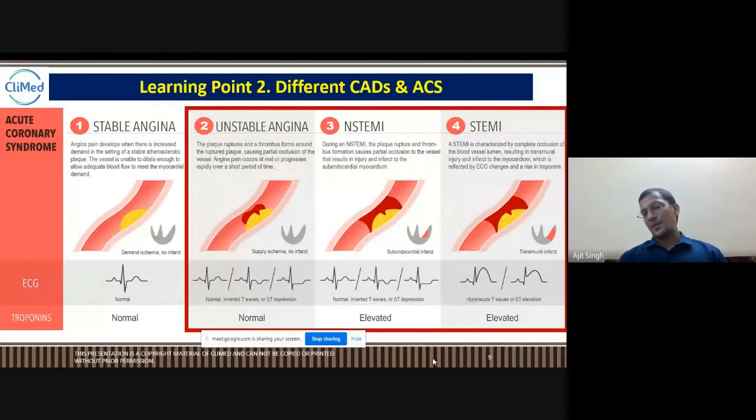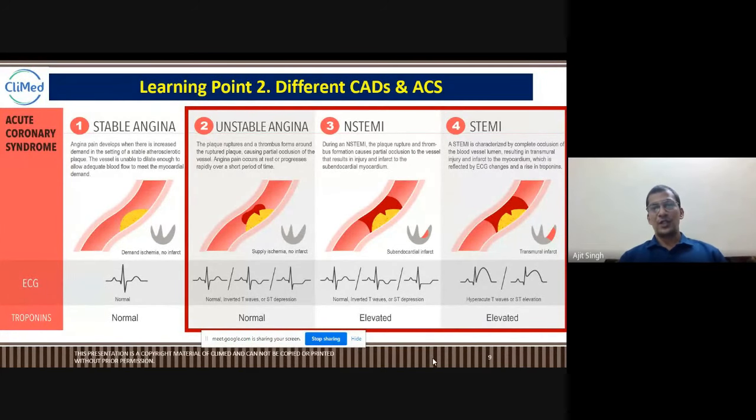So in that case, bypass surgery or CABG is recommended. But nowadays there are many other drug-eluting stents in the market, like tacrolimus stents, which can be placed instead of CABG, and which are showing good results in case of LMCA blockage also.